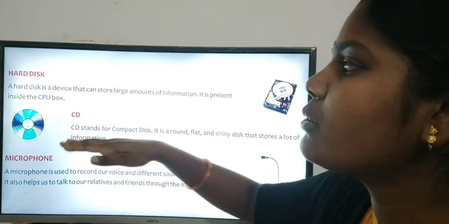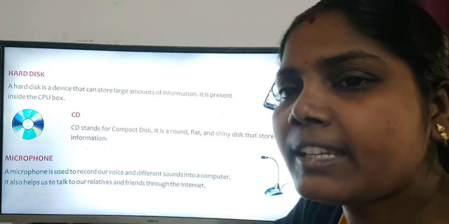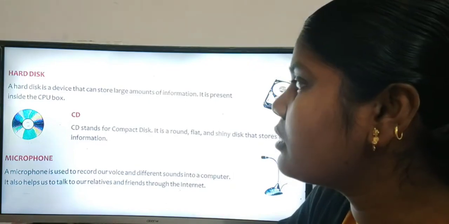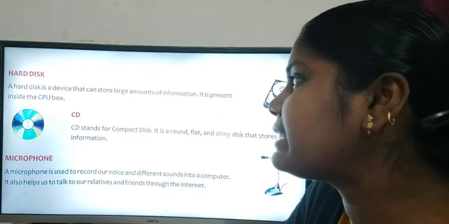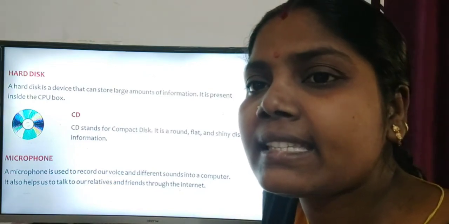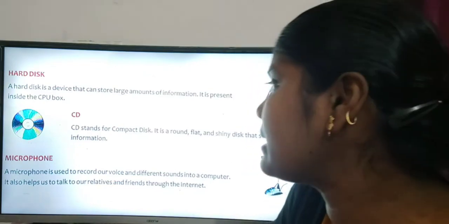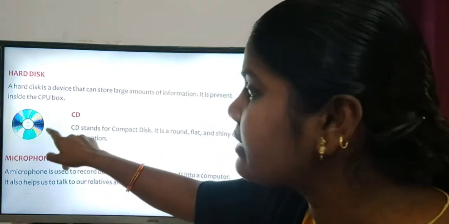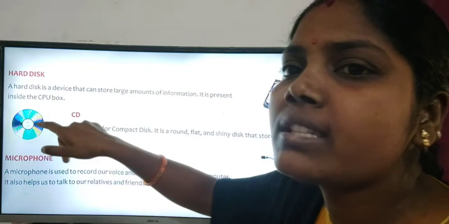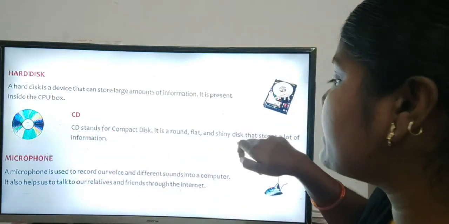So now we are in CD. CD stands for compact disc. It is a round size. So this is the CD. It is a round and shiny disc. Outside it is shining, no?